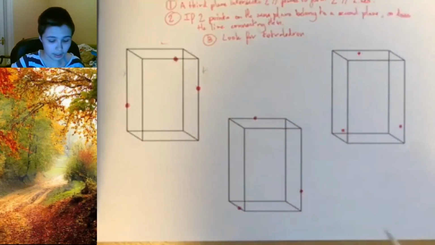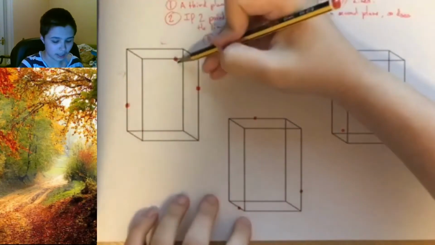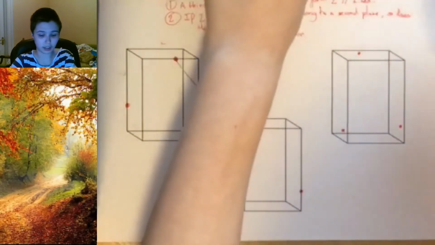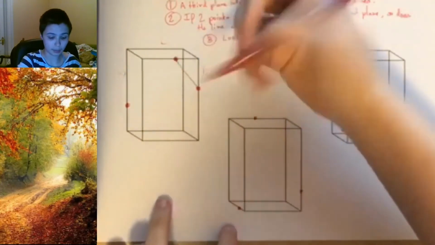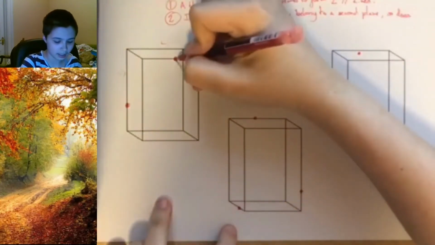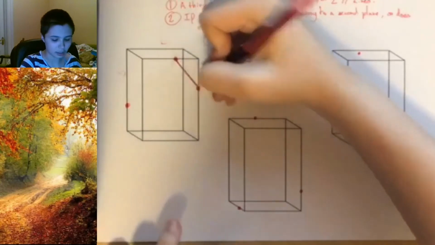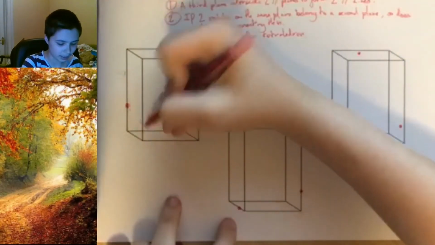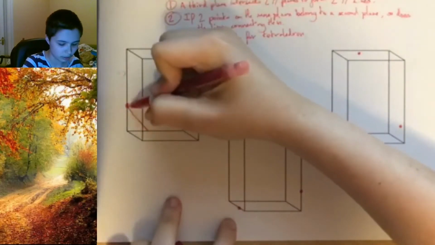So, starting with this one, I know that these 2 points are going to lie on the same plane, and also lie on the plane cutting them. So this line is going to belong to the cross section, and the parallel line on the back side will also belong to the cross section.